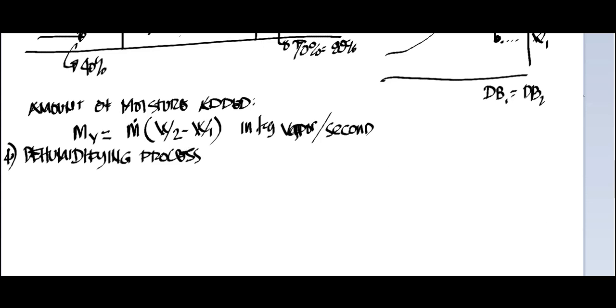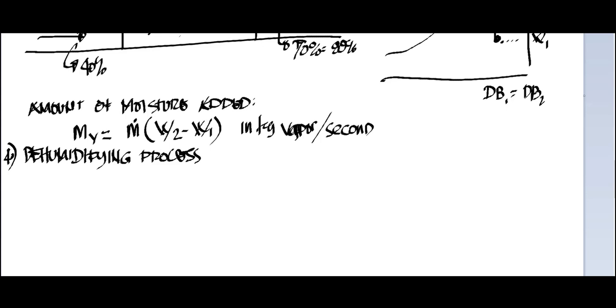So this time we're decreasing the humidity ratio of the air, without changing the dry bulb temperature of the air. So the process is represented also in the psychrometric chart as the vertical line downward.